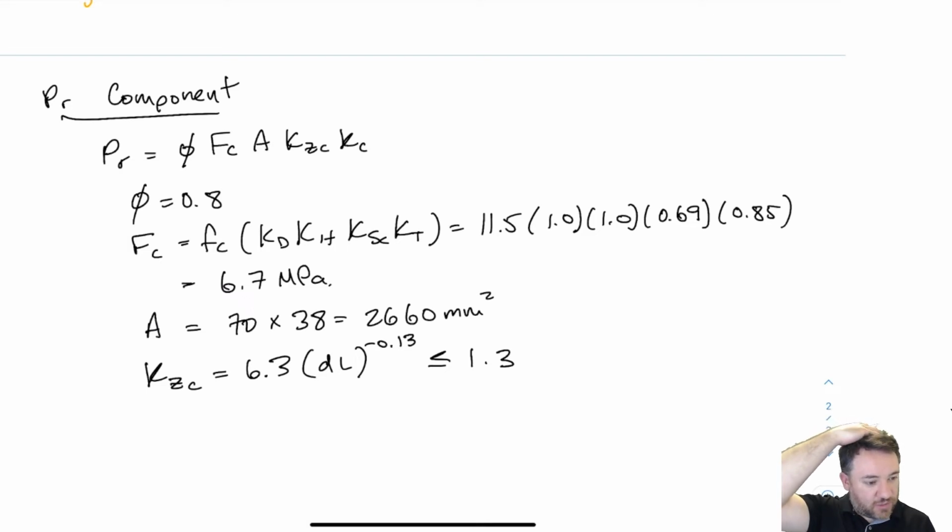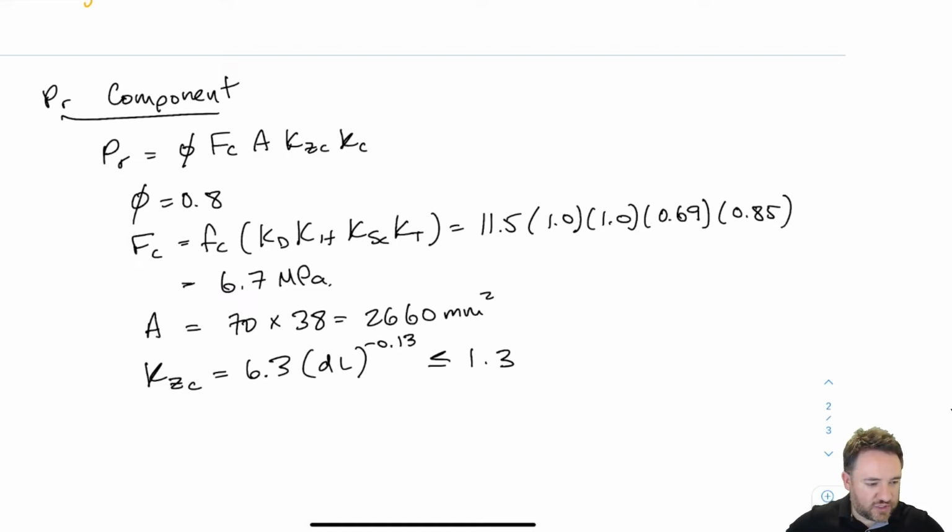Here we're not considering buckling at all, so there isn't really any guidance about how to calculate KZC. So I'm going to use the worst case values for D and L. I'm going to assume the size effect factor for buckling in the strong direction. So D is going to be 235, and L is going to be the overall length of my member, which should give me a conservative value here.